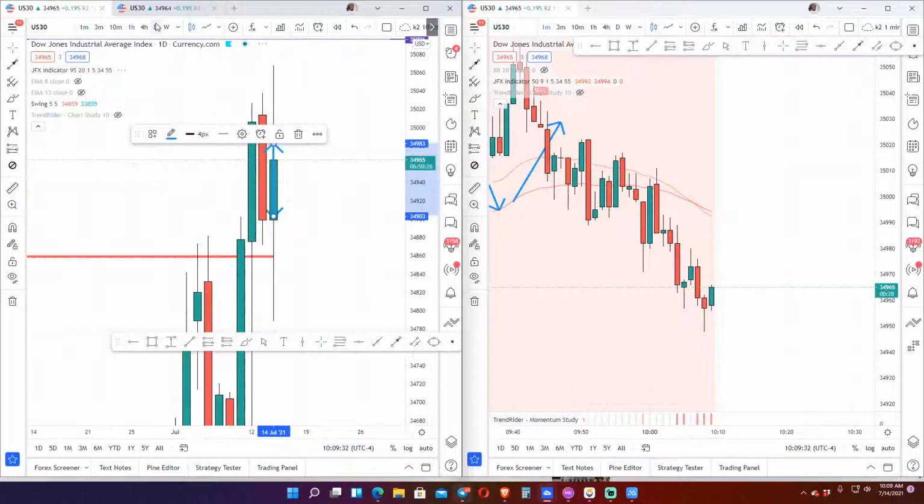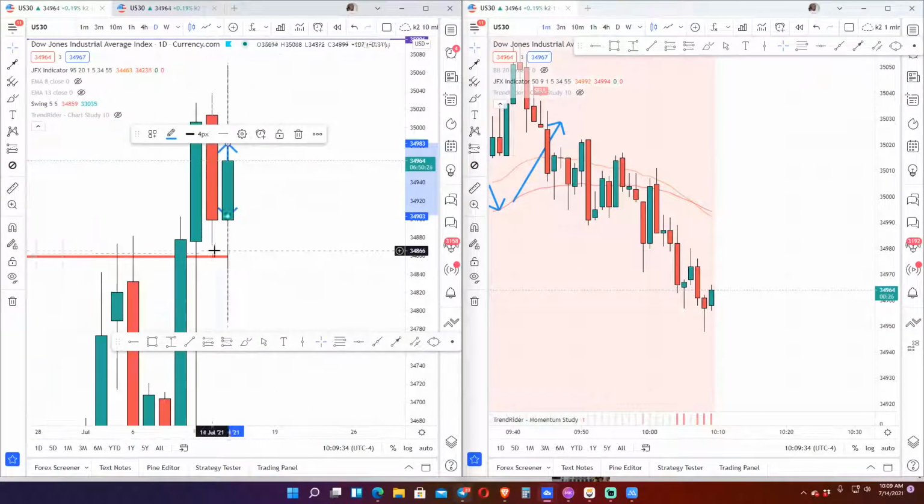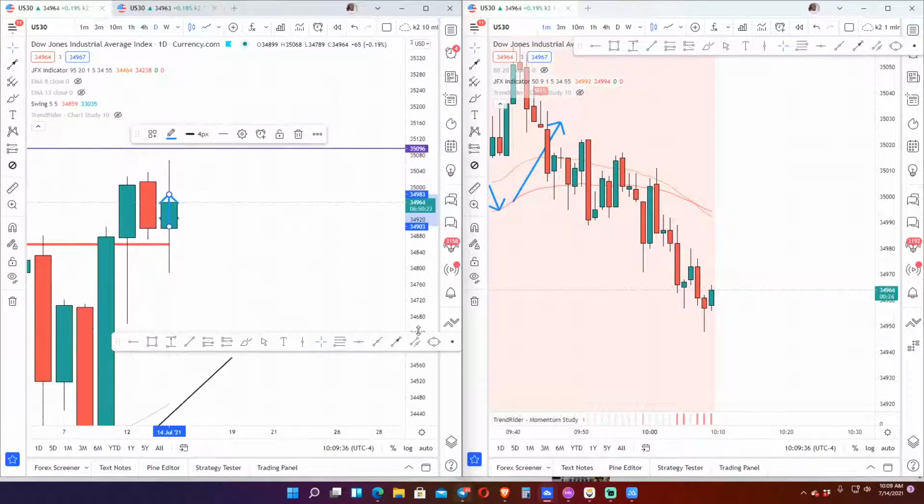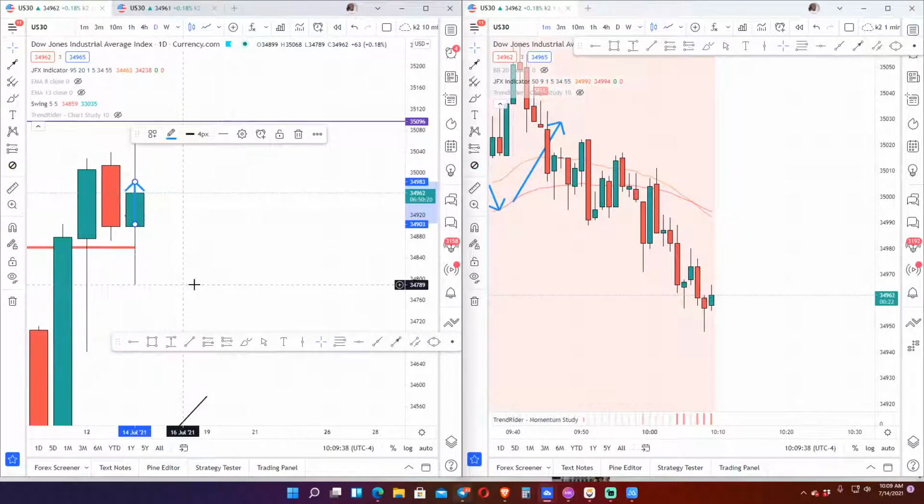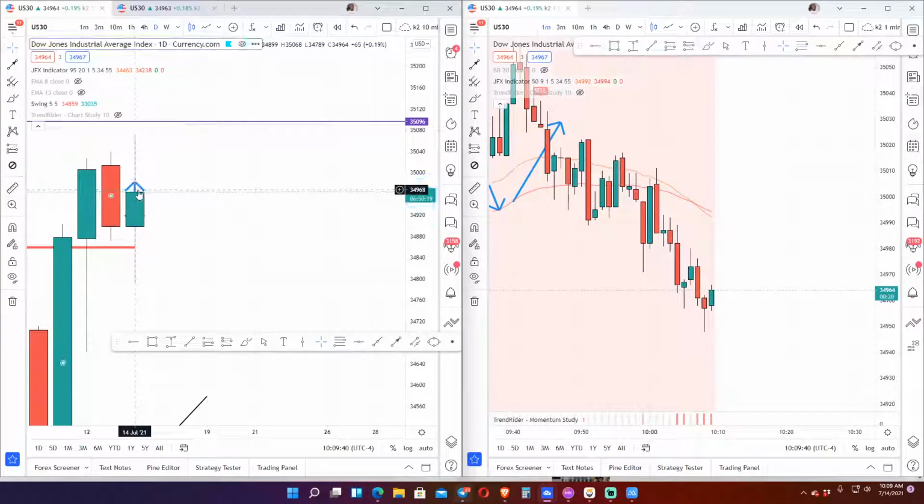Let's see the daily. Yeah, the daily here has a huge wick to the upside and downside.